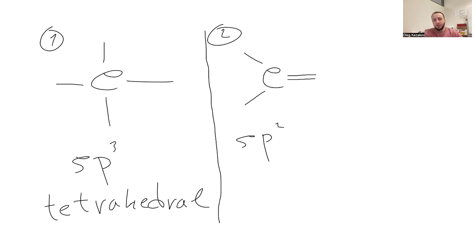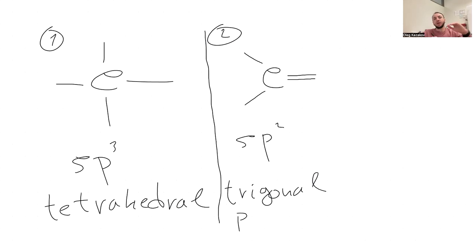Trigonal planar. This word resembles the word triangle, basically. If you look at this geometry, it looks like 1, 2, 3, right? So 3 vertices of the triangle in this case. So trigonal planar geometry is not a 3D structure.